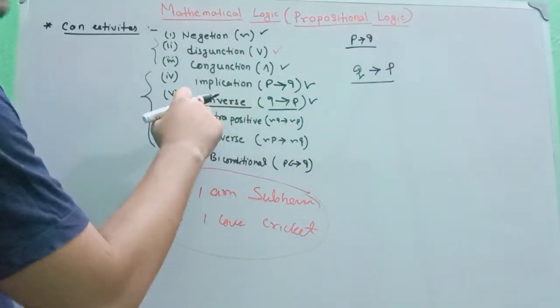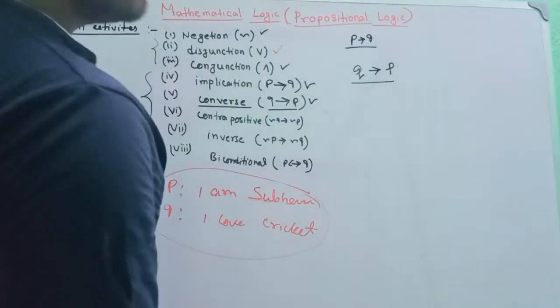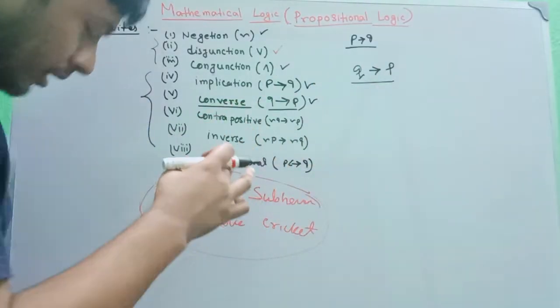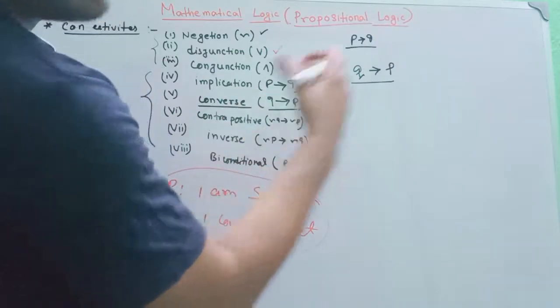In implication we use P implies Q, if then, and in converse we use Q implies P.